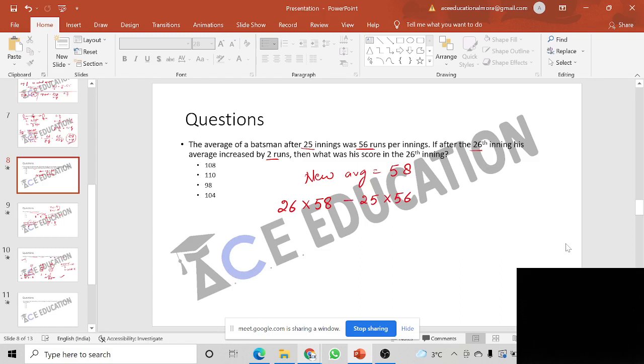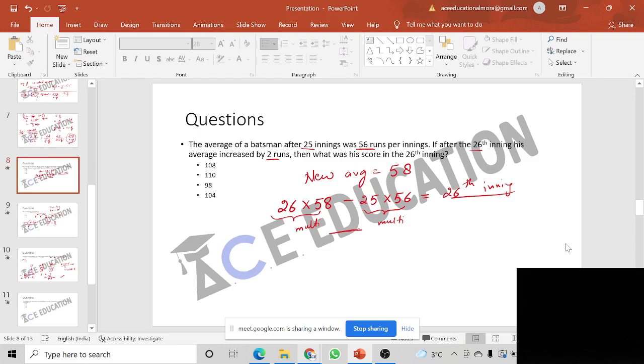So the difference between the two is the runs he made in the 26th inning. Now there is no problem with this solution, it's perfectly fine. But the problem that I have is you first need to multiply this, then multiply this. You will get 4-digit numbers on both sides, and then you will subtract these.